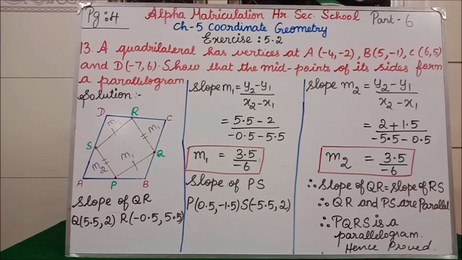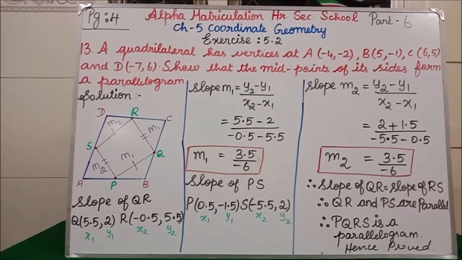We know the points Q and R, isn't it? What is the Q point? 5.5 comma 2. R is minus 0.5 comma 5.5, isn't it? We have to substitute in the two-point formula. We know what x1, y1, x2 and y2 are, isn't it?